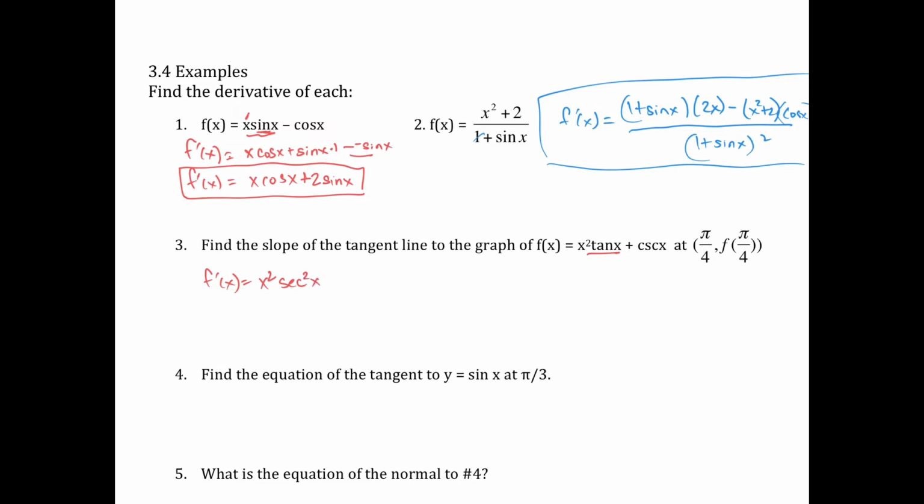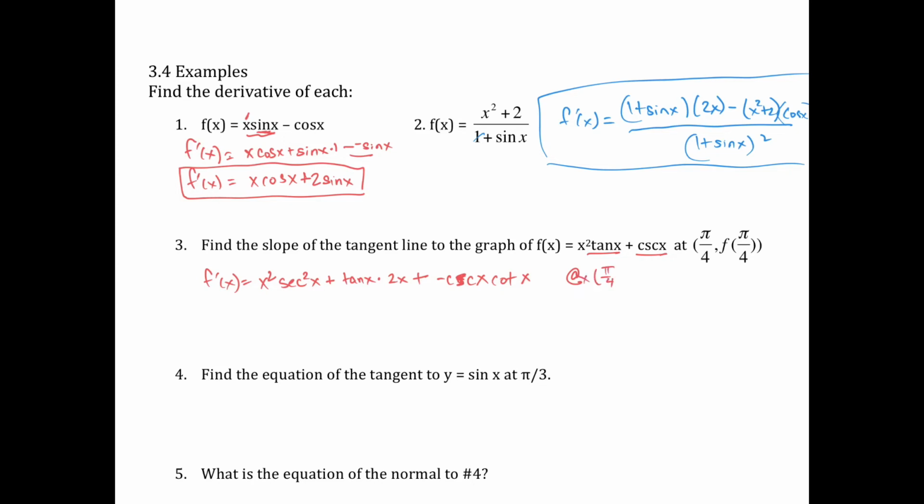All right, that's the derivative of tangent, plus that second one, which is tangent x, times derivative of the first. So this is tangent x times my 2x. Plus, now I got to take derivative of cosecant. Derivative of cosecant would be negative cosecant x cotangent x. And I need all of this at pi over 4.